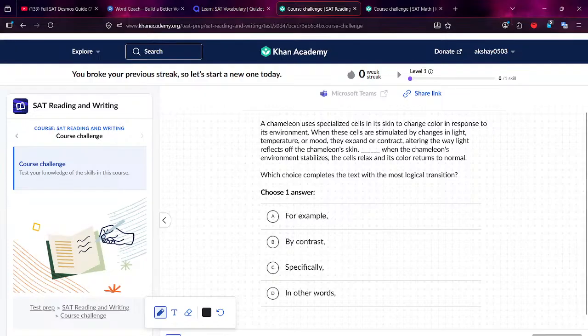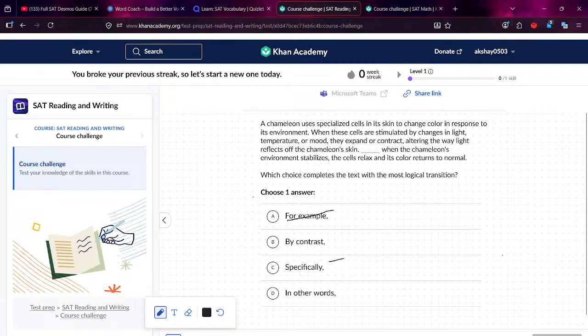I don't think "specifically" works here. Um, "in response to"... okay, I guess it's not "for example" because they're two different things.